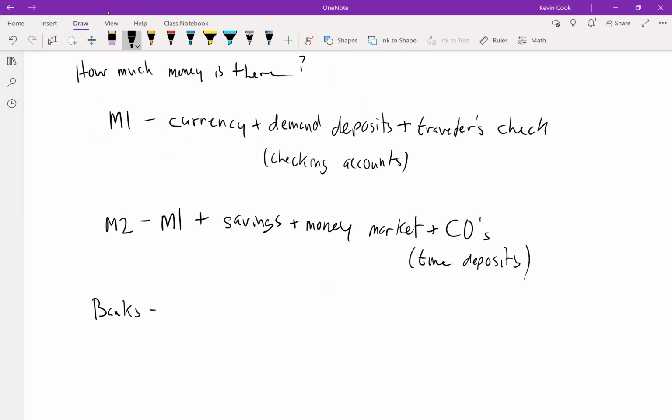And our banks, they're going to act as what we call financial intermediaries. And basically what this means is that they are a link between buyers and sellers.